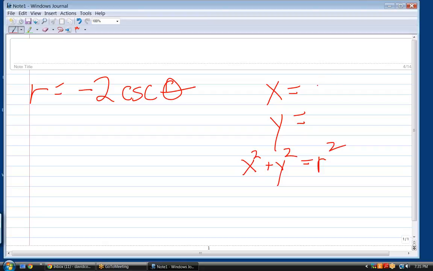Here, let me tell you how you can figure this out. Here's a polar equation. What is the cosine of theta equal to?